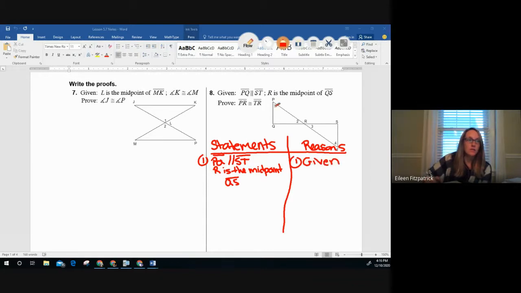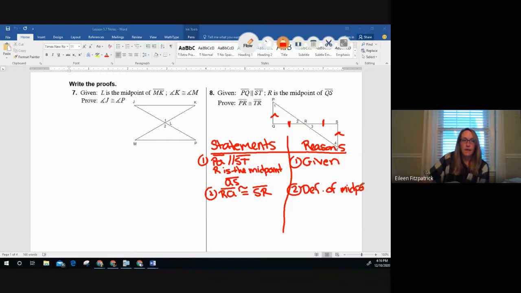So the first piece of given, that PQ is parallel to ST. I'll put my arrows to indicate it's parallel. And then R is in the middle of SQ. So if R is in the middle of SQ, what does that allow you to conclude? If R is the midpoint, that means that RQ is congruent to SR, and that's simply by the definition of a midpoint.